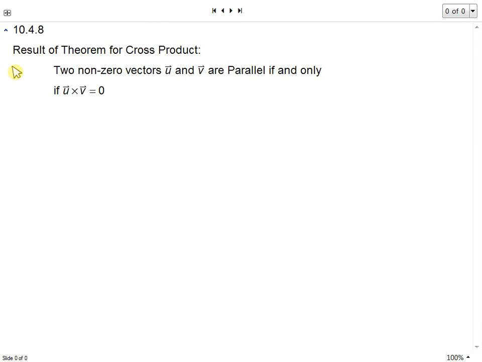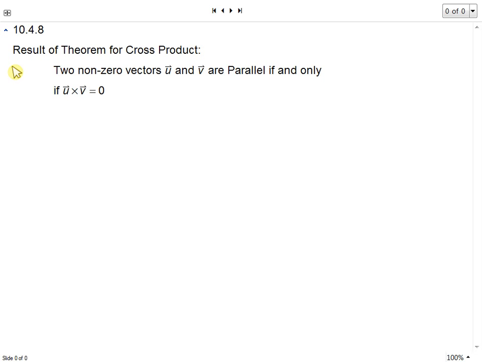Okay, we said that if you take two vectors and you dot them, if the answer is 0, what can we say about the vectors? They're perpendicular. Well, there's something similar with the cross product, but it's not for perpendicular, it's for parallel. So this says that two non-zero vectors, u and v, are parallel if and only if, remember, if and only if meant both directions, the cross product is 0.